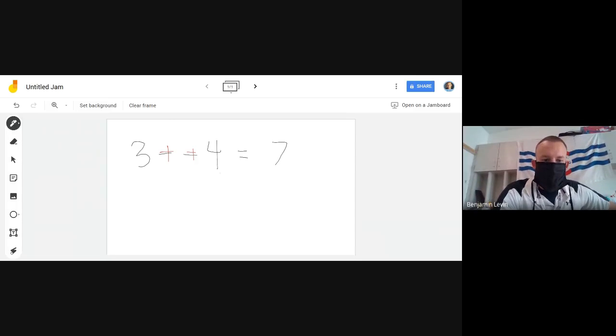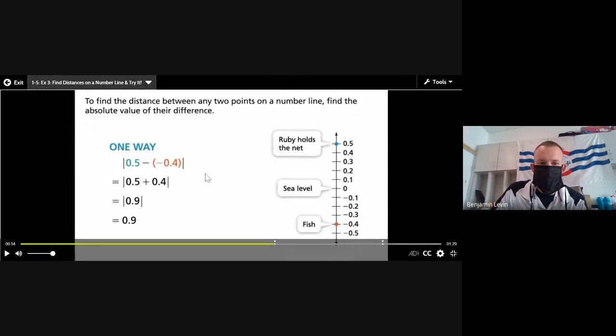If we had 6 minus -3, all we do is change them into pluses. Sorry about my handwriting. At least it's better on the touchscreen than it was when I was writing with the mouse. 6 plus +3, 6 plus 3 is 9, right? So those are easy. So I just wanted to review that real quick before we go on. So let's go back to the video, all right?